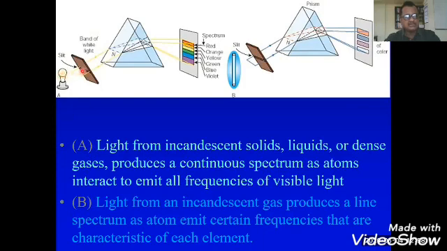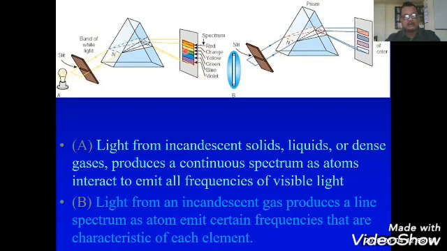If this light is allowed to pass through a slit, and then through a prism, the prism will disperse the light and produce all the 7 colors. This is called a continuous visible spectrum, because here we have all the 7 visible colors continuously: violet, indigo, blue, green, yellow, orange, red, which you call VIBGYOR.